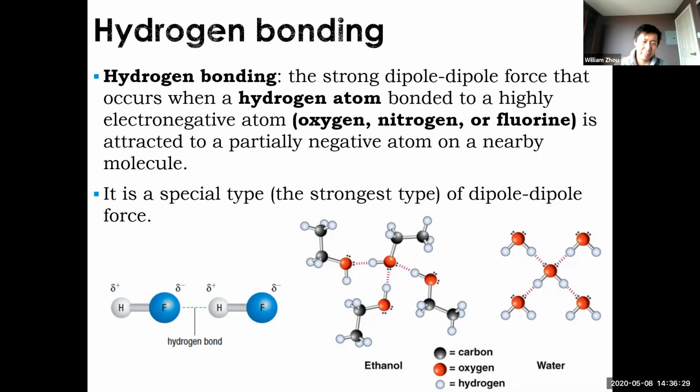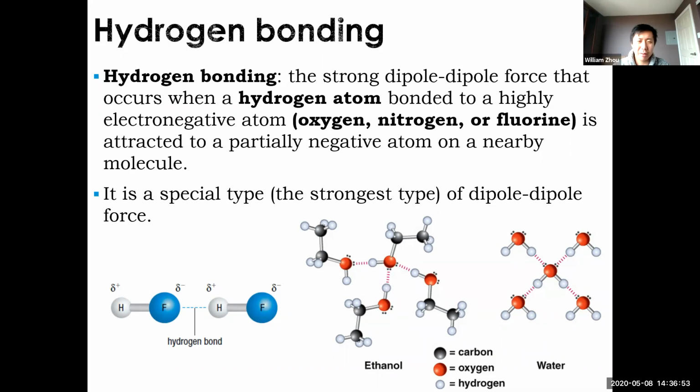Only those three. If you have a hydrogen bonded to any of those three atoms, the hydrogen will be bullied by those atoms, and the electrons will be really attracted to those three atoms, and hydrogen will be really positive, and those three atoms will be especially negative. So you have an especially strong dipole in this case.